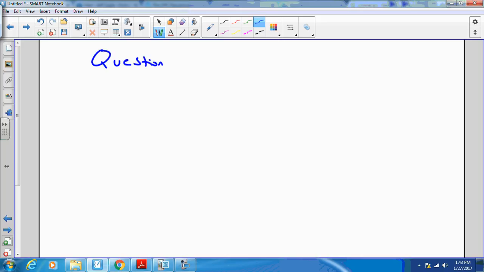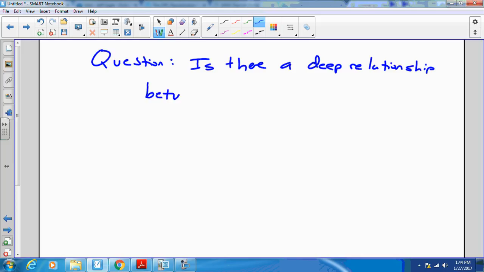So the big question that we're trying to answer is there a deep relationship between the information that we get from delta f over delta x, the average rate of change, and instantaneous rate of change f prime of x.